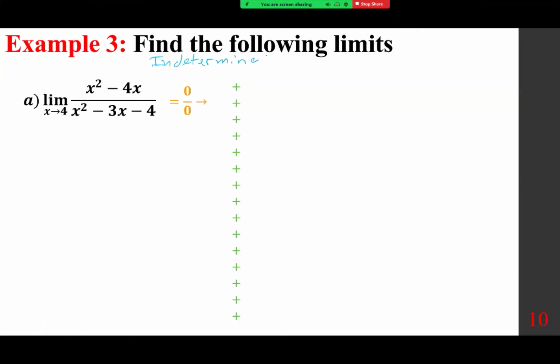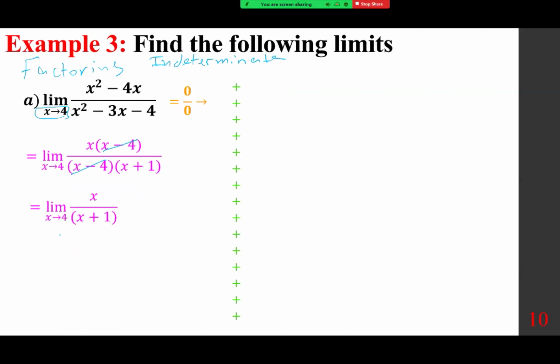Which means more work, which means use algebraic techniques, which means in this case, we have to do factoring. And remember, x is approaching 4. You should have a factor of x minus 4. We do. We get the limit of x times x minus 4 over x minus 4 times x plus 1. As x approaches 4, these two cancel each other. And if we plug in 4, we get 4 over 5.